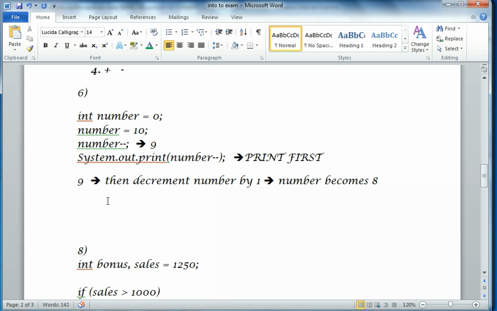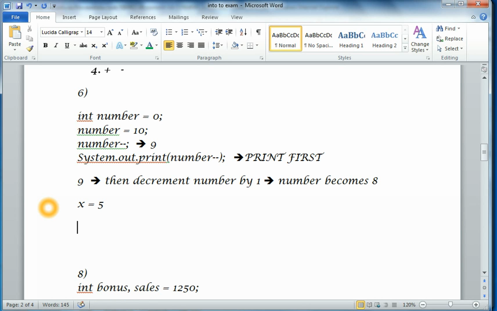Okay, let's do another example in the same way. Let's say we had x is equal to 5 and y is equal to 2, and if we have z is equal to x plus y, obviously the answer will be 7.